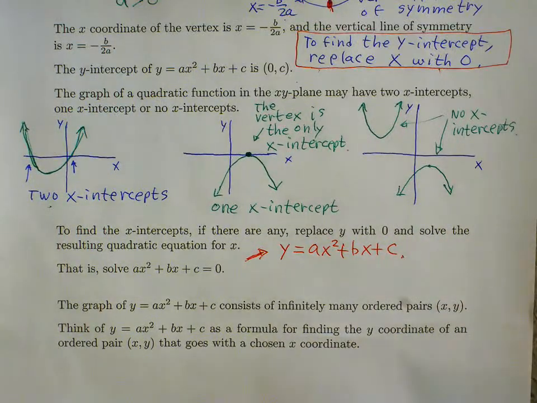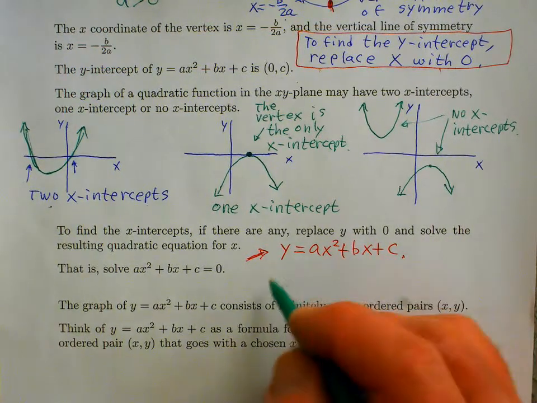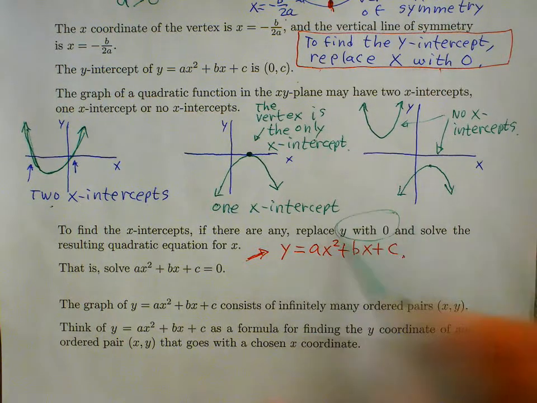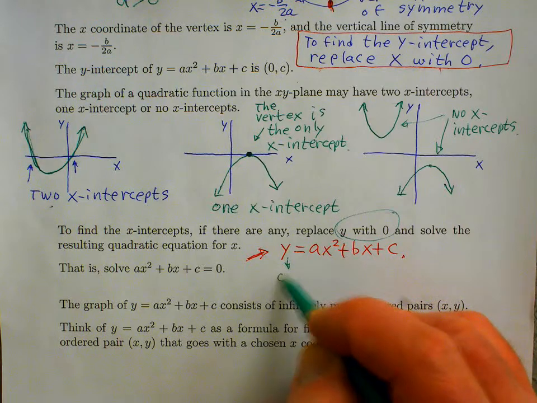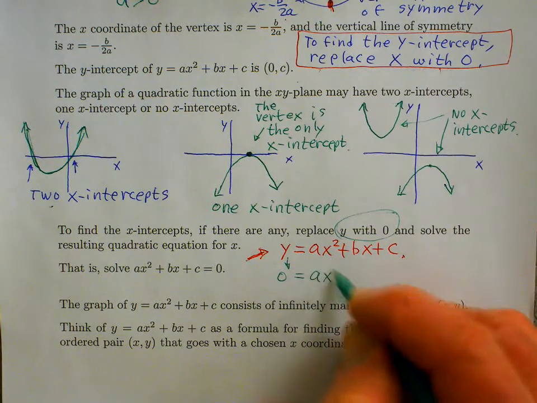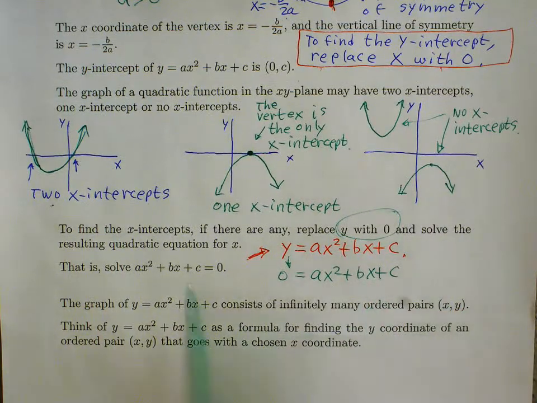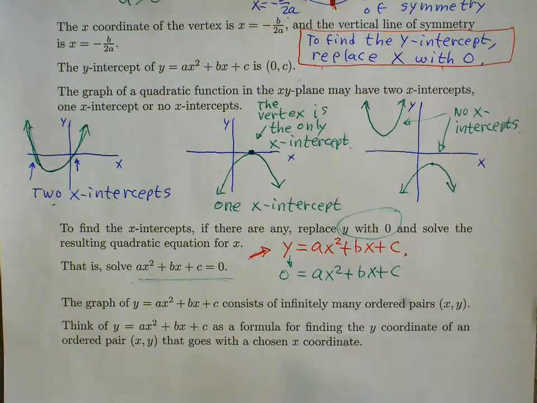To find the x-intercepts, we replace y with 0, and we get 0 equals ax squared plus bx plus c. Over here, I just wrote the equation with the terms in the opposite order, but those two equations are equivalent.